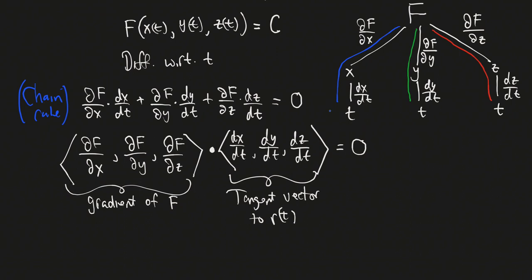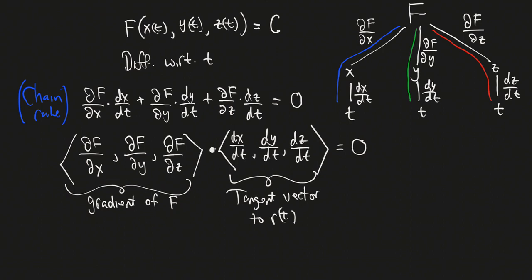So we're going to have to interpret what this equation is saying. But it shouldn't be too hard, because what we're saying is that the gradient of the surface and the tangent vector to each of the level curves, and this could be at any level, we're not saying any specific one, but any level where we slice that particular surface, the tangent vector to that level curve is going to be orthogonal to the gradient of the surface.